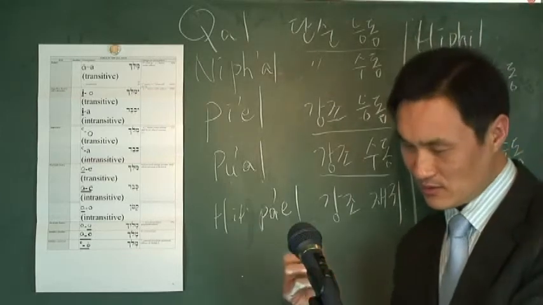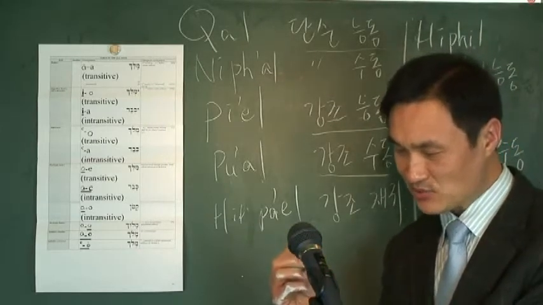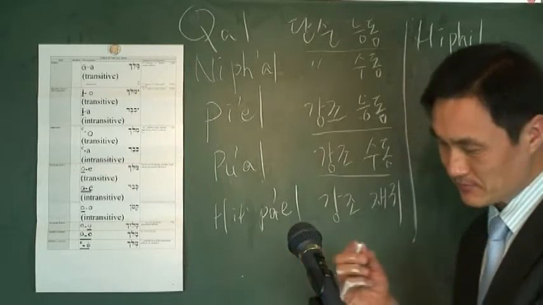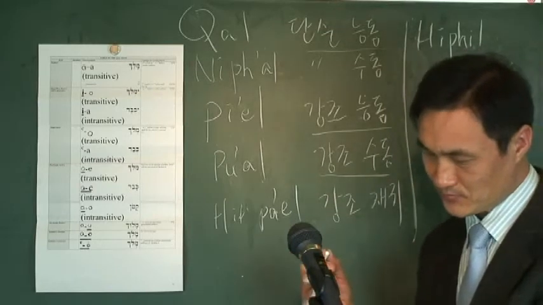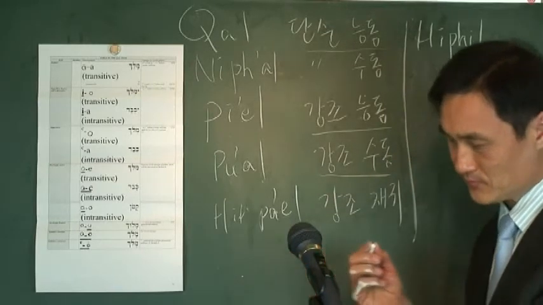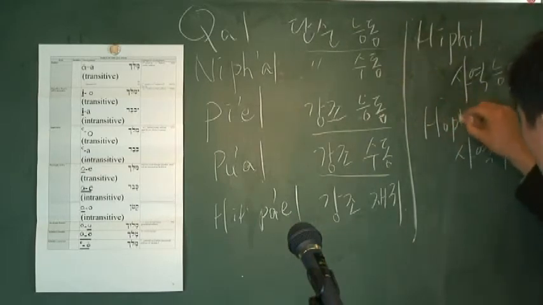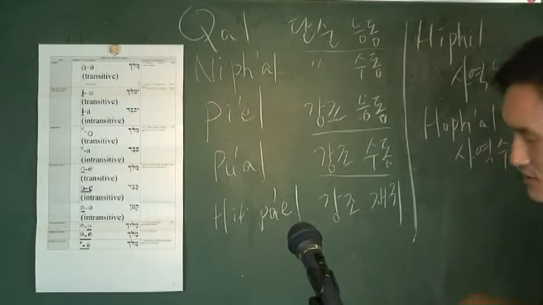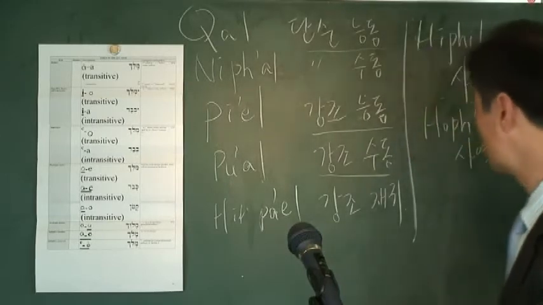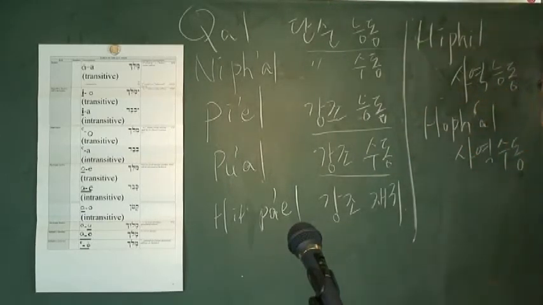One can also make the third party encounter a specific action. This is called the Hofal stem in Hebrew.